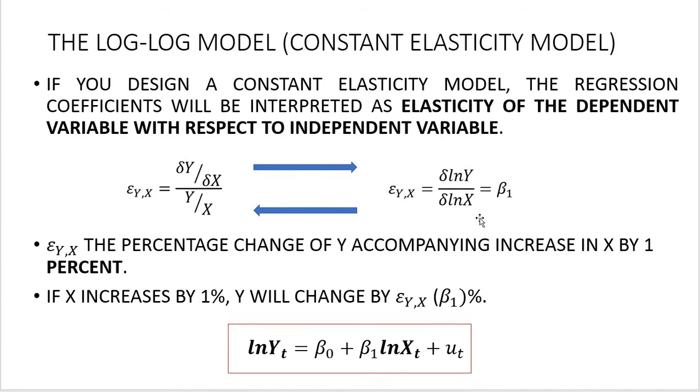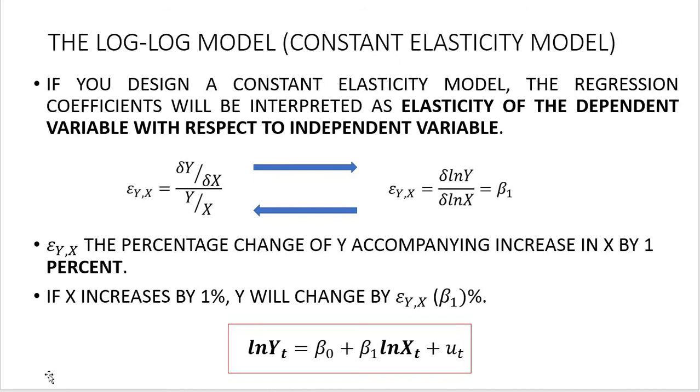The value of this derivative is exactly equal to this expression. If you take the derivative, calculate and simplify, then you will basically get this expression. So from this we can conclude that beta 1 is equal to the elasticity of y with respect to x. And this is how we interpret the value of beta 1.